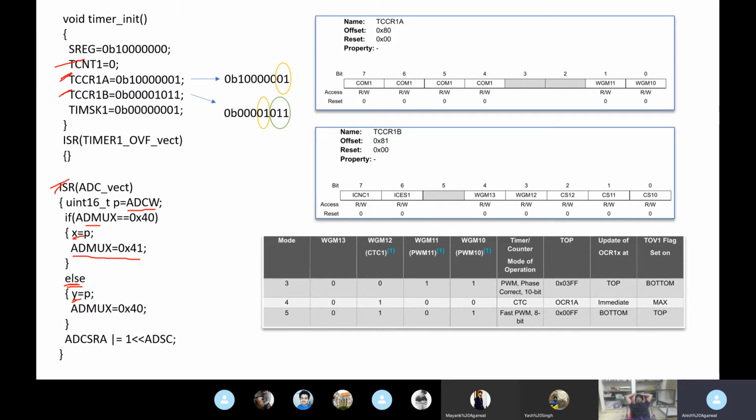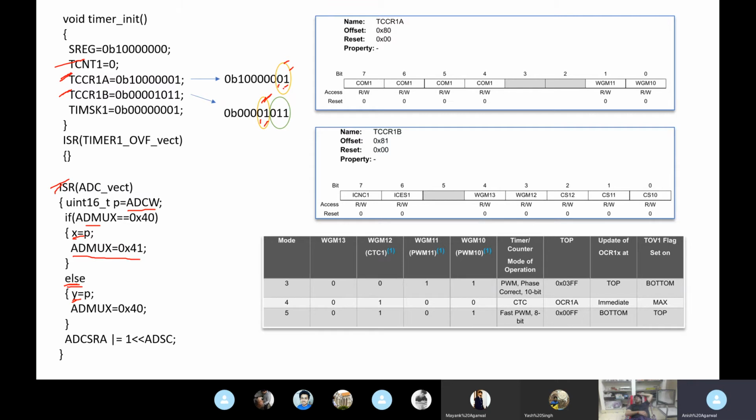So first of all, TCCR1A, these two bits, the least significant bits 0 and 1. And from TCCR1B, the fourth and the fifth bit, and from TCCR1A, the first and the second bit. The combination of these 4 bits tells us what kind of PWM we are using.